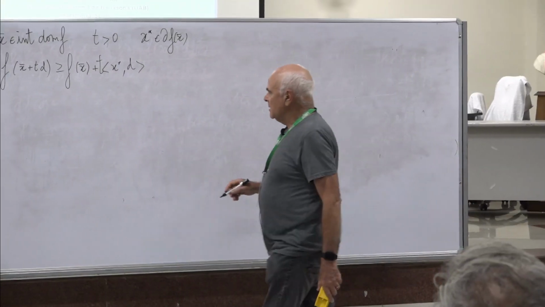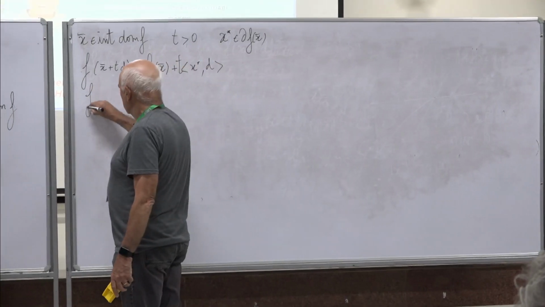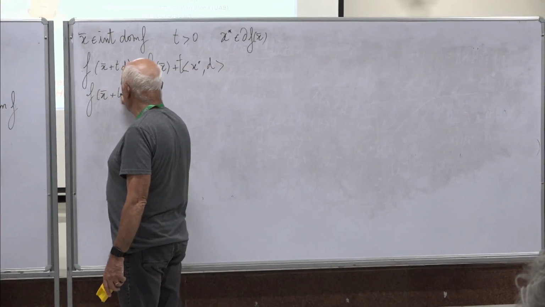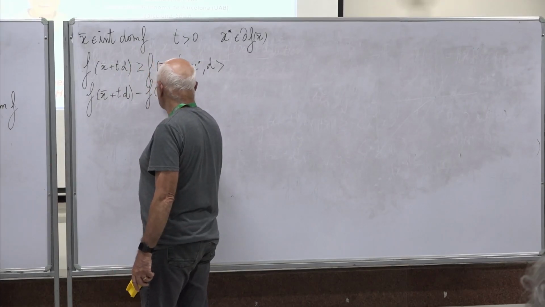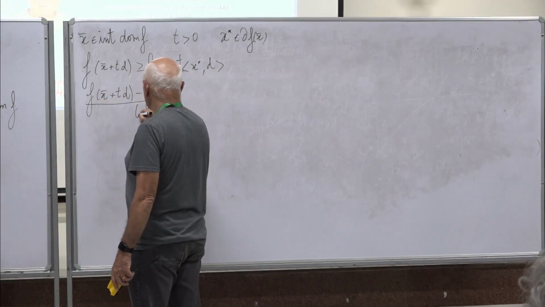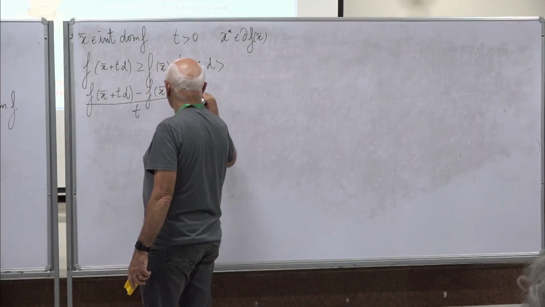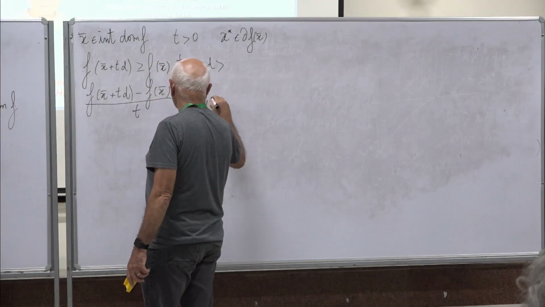This means that f of x bar plus t d minus f of x bar, divided by t, is greater than or equal to x star d.